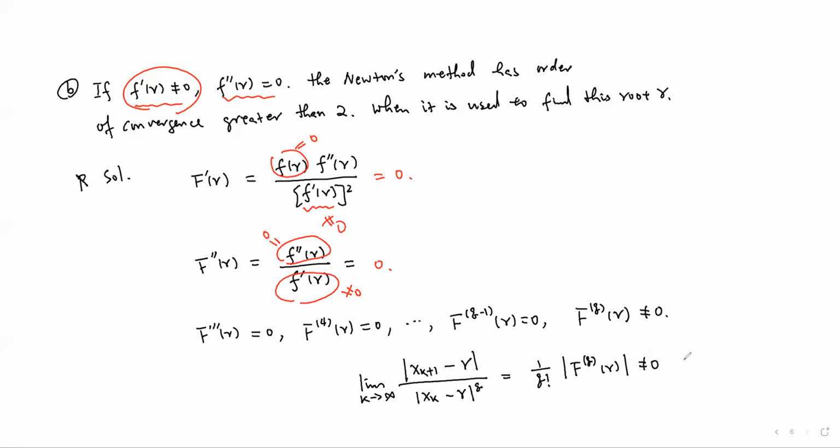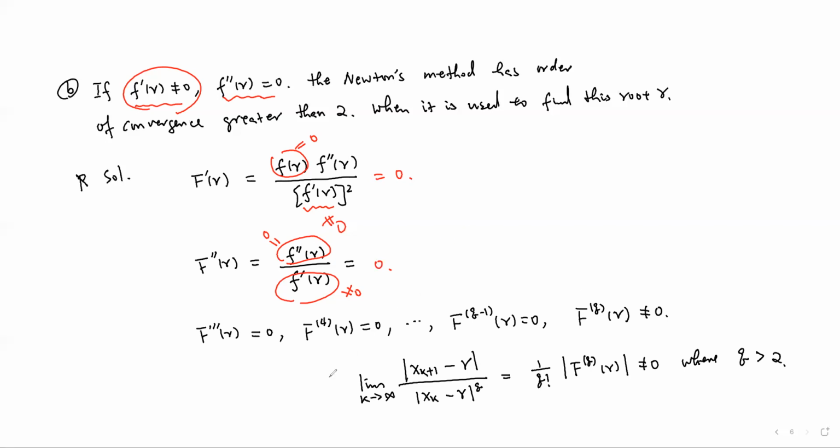And Q is greater than 2, because the first derivative is 0 and the second derivative is 0.